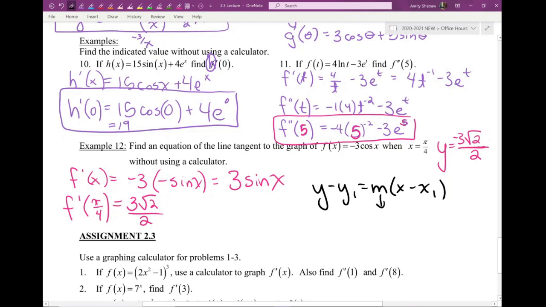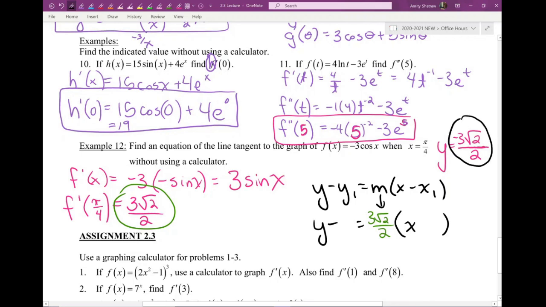Ready? This was my slope. 3 times the square root of 2 over 2. This is the bones of my equation. And I found out that when x is pi over 4, y is -3 times the square root of 2 over 2.